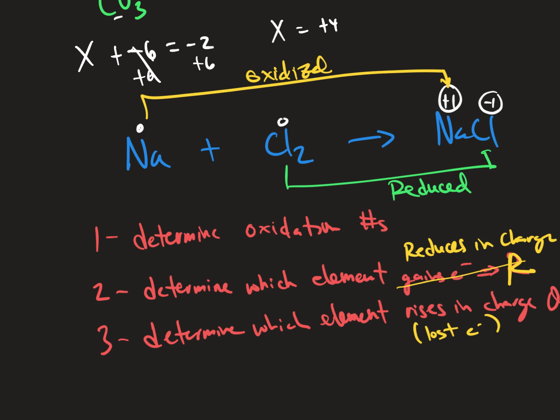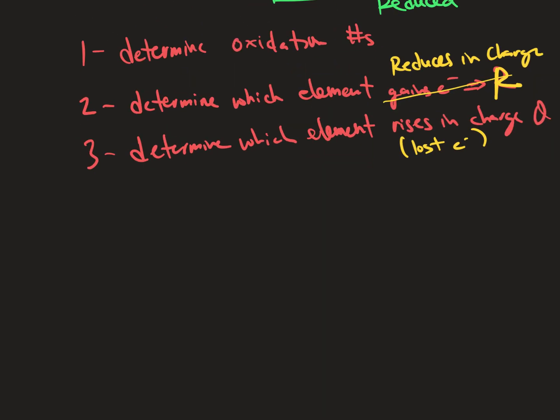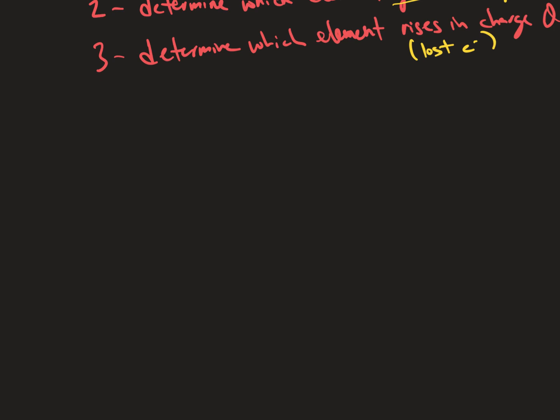Let's try a harder one. SO2, sulfur dioxide, plus oxygen gas gives us sulfur trioxide. So no ionic compounds here.